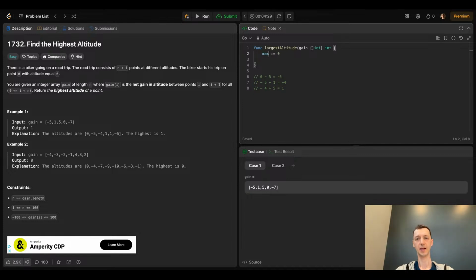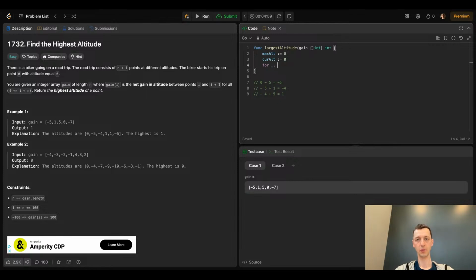Let's name it more clearly, max altitude. And then we're going to iterate over these altitudes. And by the way, we need to track the current altitude. Current altitude is going to start with 0.